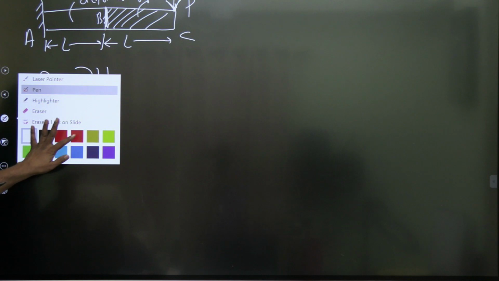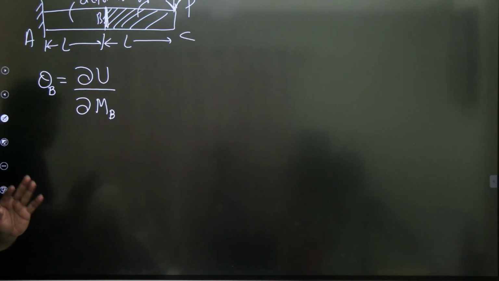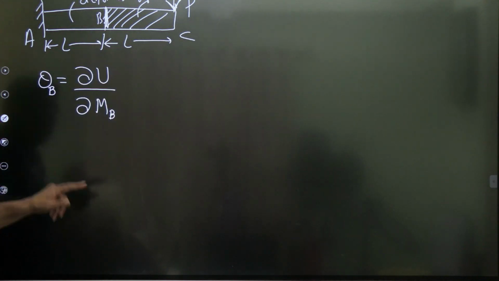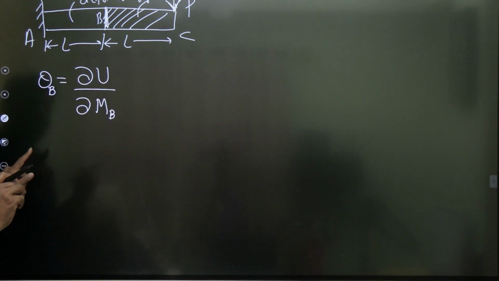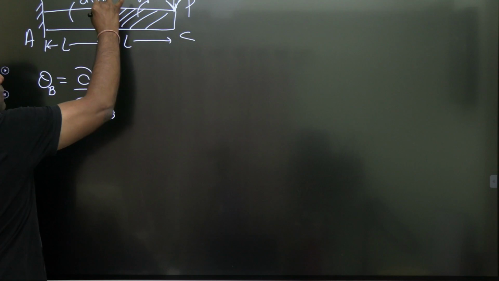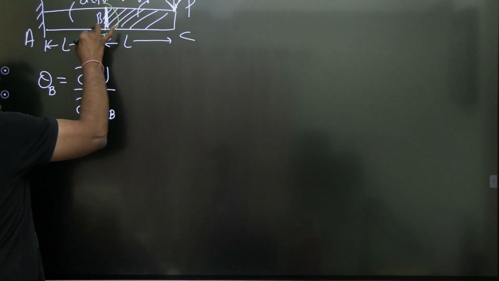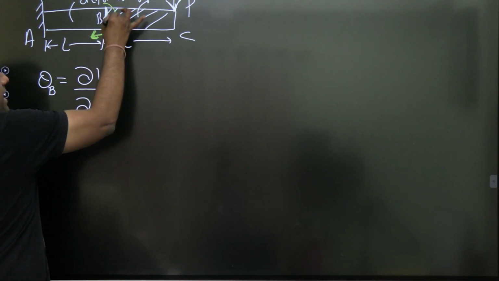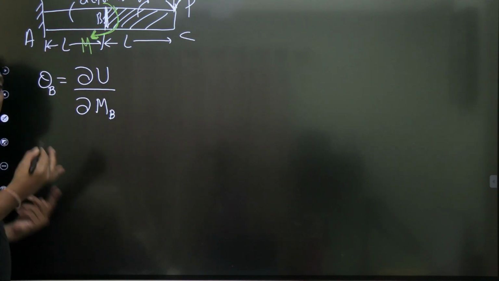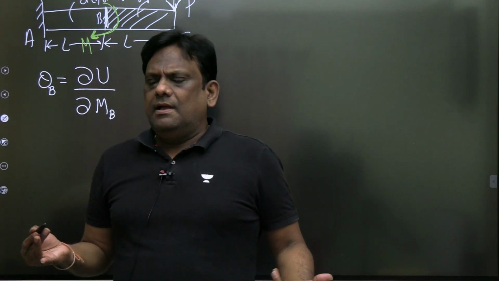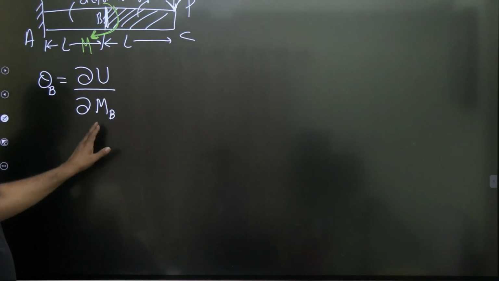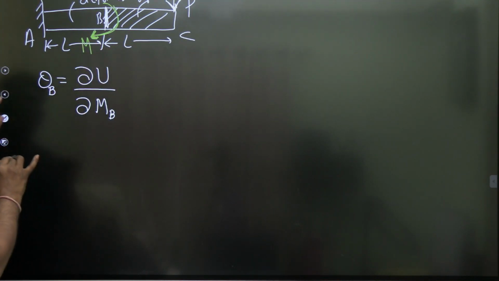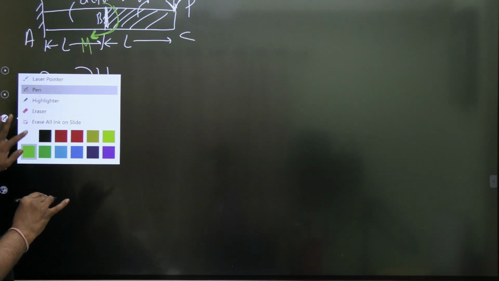And I have told you very clearly in my regular classes, if there is no concentrated moment, my dear students, you apply a hypothetical concentrated moment. That is M. Finally, calculate the total strain energy, differentiate partially with M, and finally equate M to 0 because there is no M. Wonderful, sirs. I have already told you this.